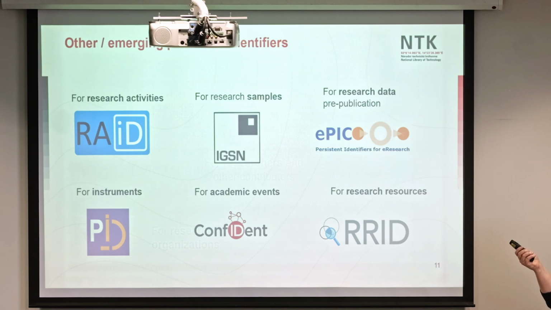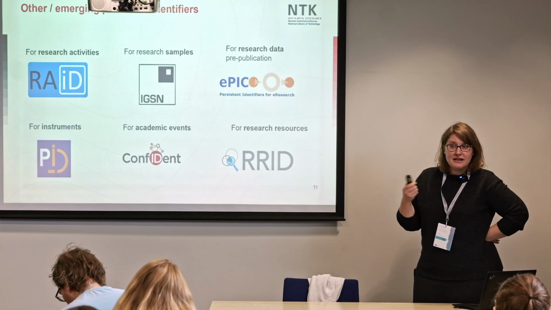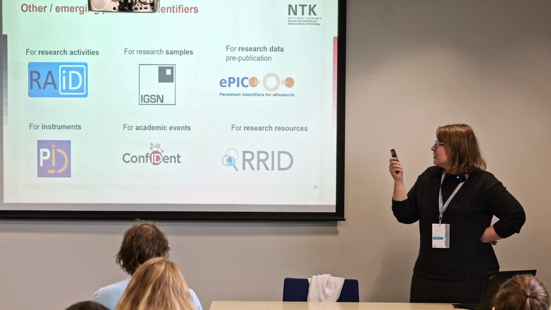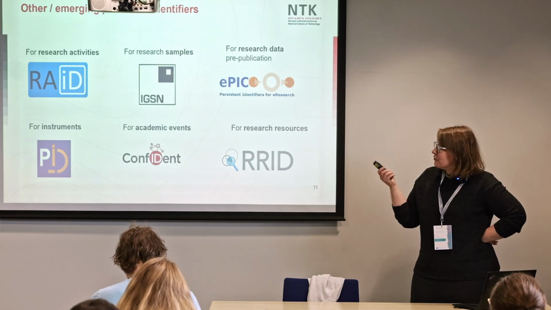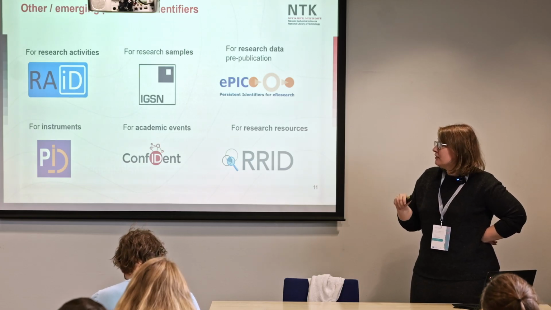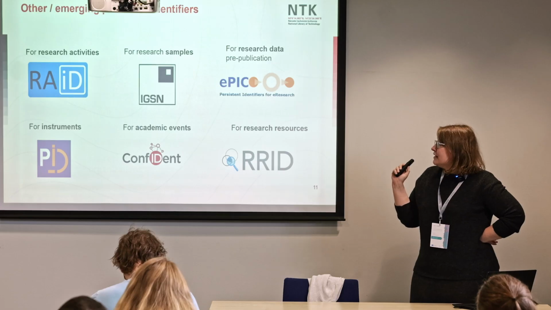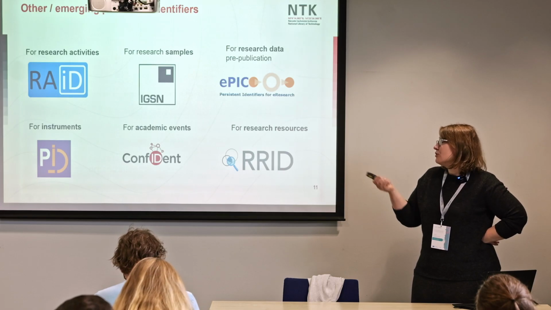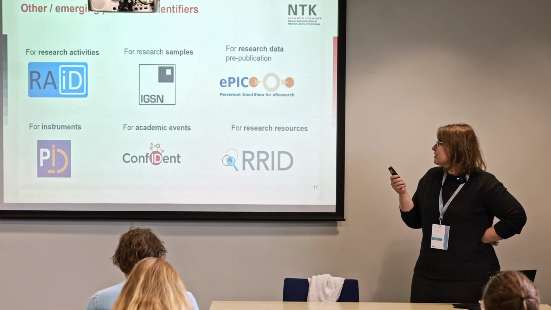Although these are very common, I'm sure you are aware that there are many more persistent identifiers that you can encounter. Some of them are emerging, such as the RAID, which is a research activity identifier. There's IGSN specifically for research samples, although it sits on the DOI infrastructure.